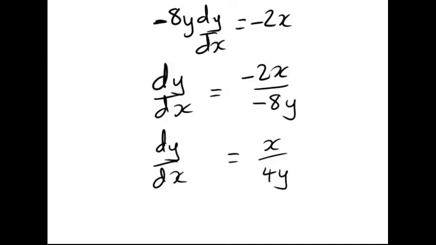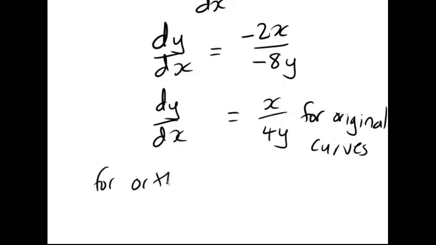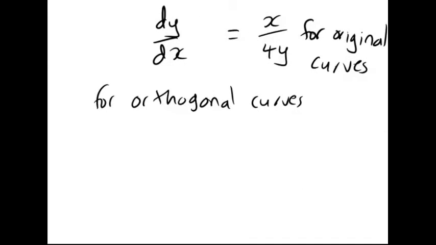Now, when you have curves or lines that are orthogonal or perpendicular to each other, the product of their gradients will be negative 1. So therefore dy dx was x divided by 4y for the original curves, but for the orthogonal curves we then get that their gradient dy dx will be negative 1 divided by x on 4y.